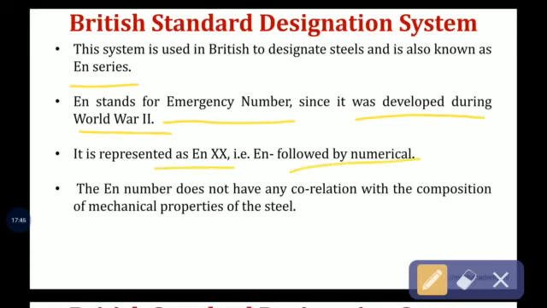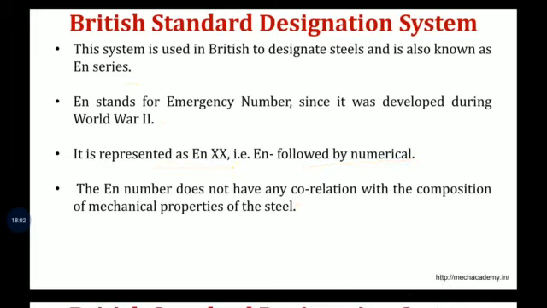The EN number does not have any correlation with the composition or mechanical properties of the steel. These are only emergency numbers, used only in emergencies, so you will not find any correlation with the chemical composition or mechanical properties.